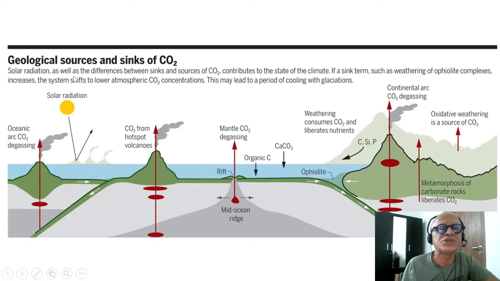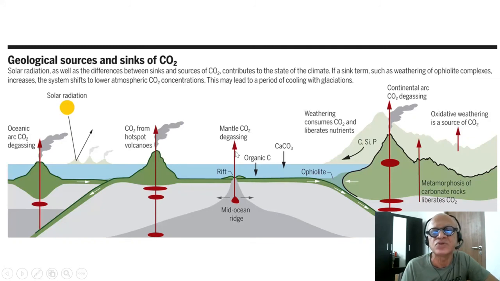So solar radiation, as well as the differences between sinks and sources of CO2, contributes to the state of the climate. If a sink term such as weathering of ophiolite complexes increases, the system shifts to lower atmospheric CO2 concentration because there is more drawdown, as in the CO2 weathering thermostat that we talked about. This may lead to a period of cooling with glaciations that we also talked about. So energy balance on very different time scales is what we are talking about. There is the mid-ocean ridge again that we talked about.